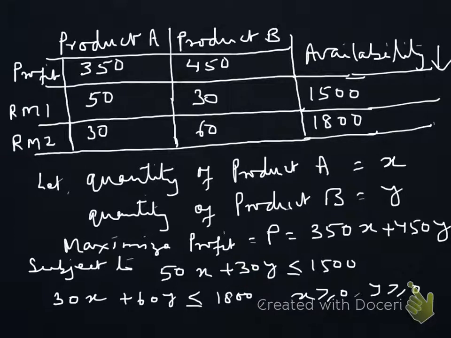Now if you write the expression for profit, since 1 unit of product A gives 350 rupees of profit and we are producing X units of product A, the profit from product A will be 350X. Same way, profit from product B will be 450Y and the total profit will be 350X plus 450Y.